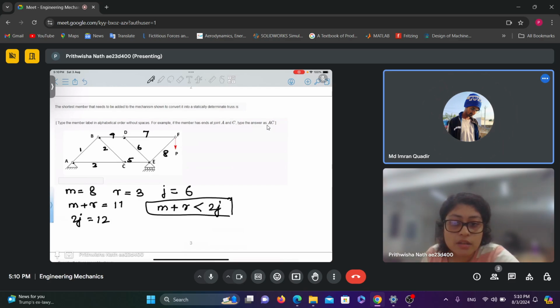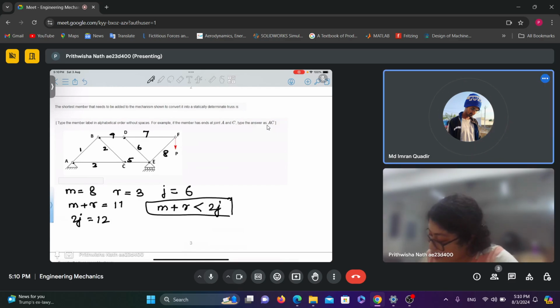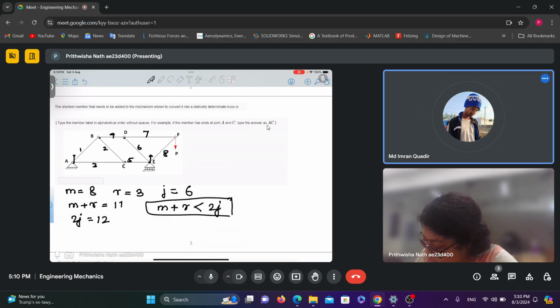Ma'am, R value is equal to 3. How can we get that? See, this is a roller joint, so there is one unknown, and this is a pin joint, so there are two unknowns.